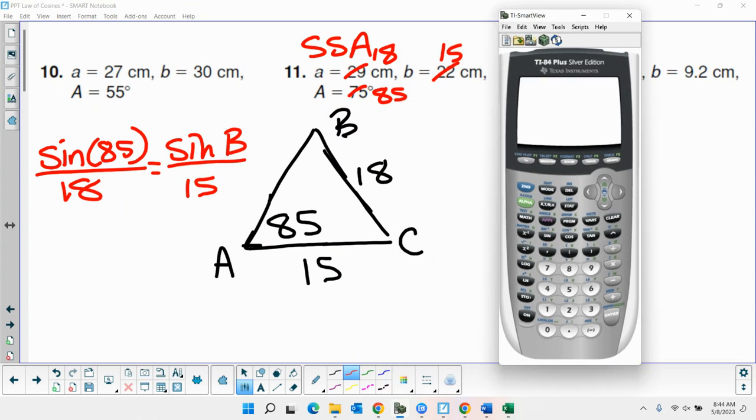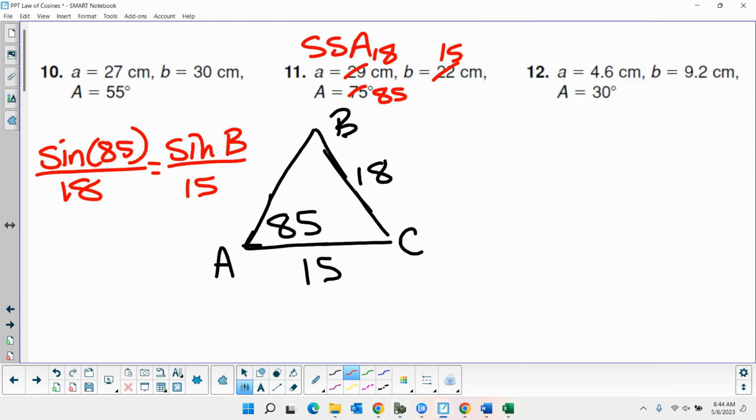All right, so I'm going to go 15 sine of 85, close it up. That's that cross multiplication. Divided by 18 to get sine of B alone. Okay? Now I'm looking for the angle, so this is when I have to hit second sine, second answer. Second sine, second answer. And that gives me the angle. So it's a 56.1 degree angle.